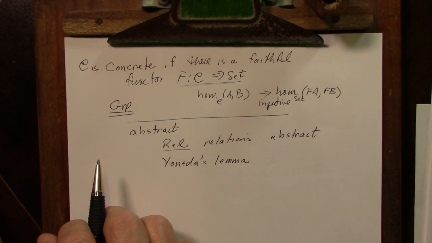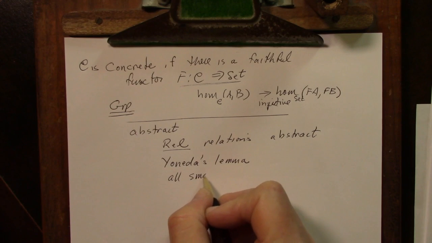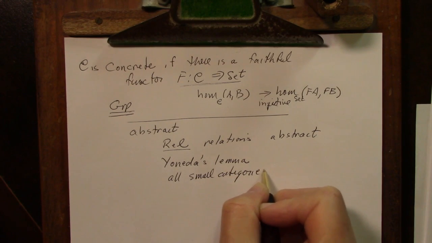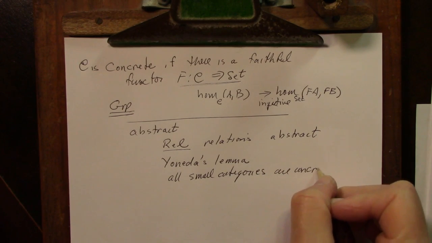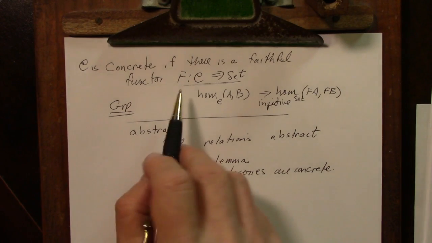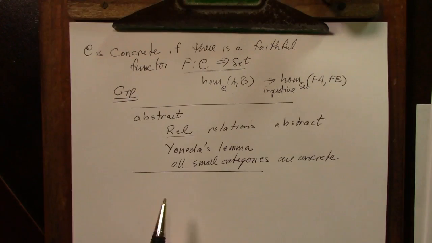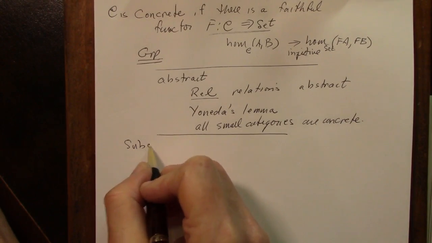And it actually implies that all small categories are concrete. That is, specifically, you can find for any small category a faithful functor from C into Set. You can also talk about subcategories.